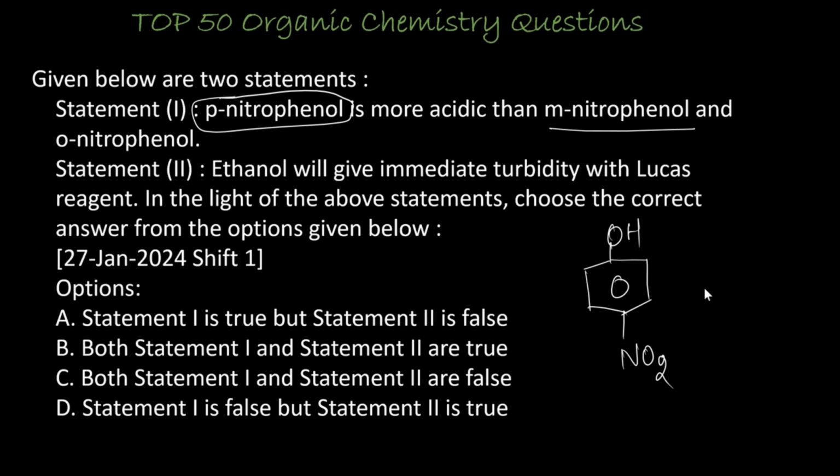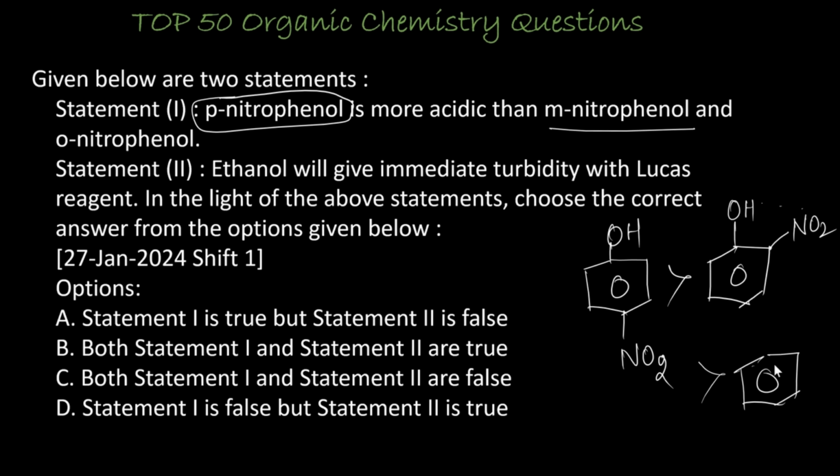Because of the resonance stabilized structure, this makes it more acidic than ortho and meta. Ortho can give hydrogen bonding, so hydrogen can't leave very easily, and meta is also not much stable. So para-nitrophenol is more acidic than the other two.